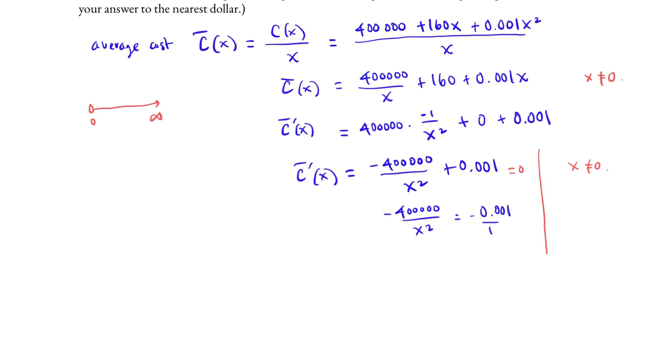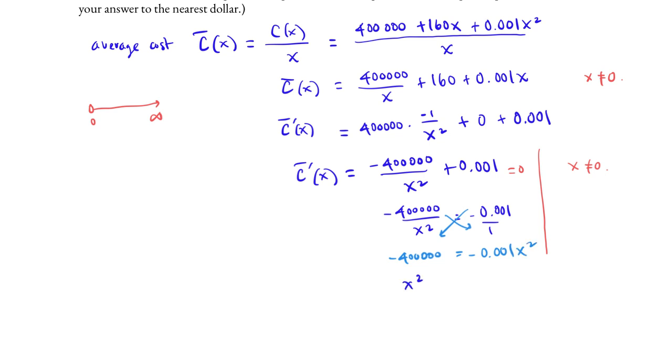We then rewrite negative 0.001 as a fraction by putting the 1 in the denominator. Then we can cross multiply. Negative 400,000 times 1 will give us negative 400,000, and negative 0.001 times x squared will give negative 0.001x squared.